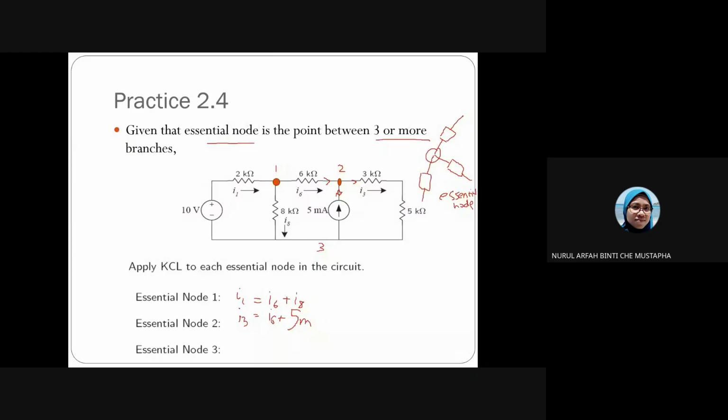Let's try, and then we can point out whether you understand it or not. You don't have to try all of this, any one of it.